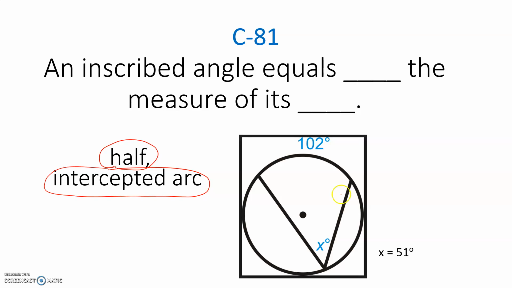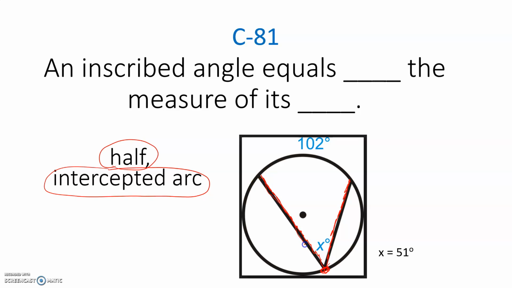Okay, now let's go through this. An inscribed angle, remember, is an angle which has its vertex on the circle. So this is an inscribed angle. An inscribed angle equals half the measure of its intercepted arc.